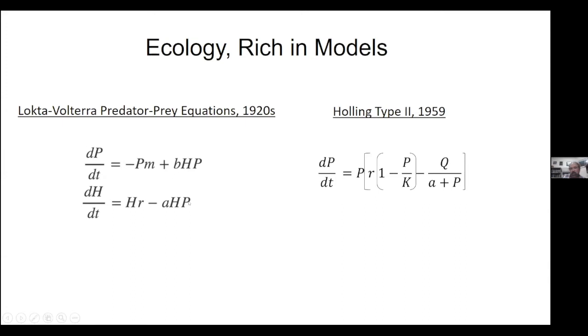And here on this lower one, they are subtracting off alpha, which is the effect of the predators on the prey, specifically how much they're eating them. If they consume them very rapidly, then the change in prey over time goes down.